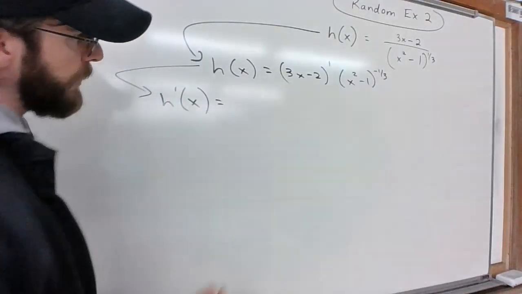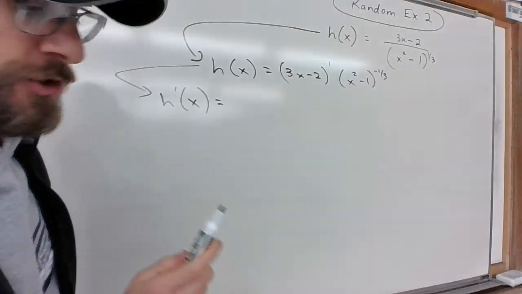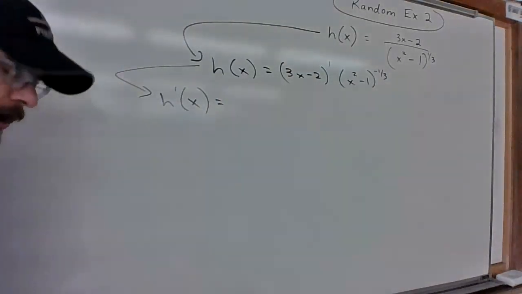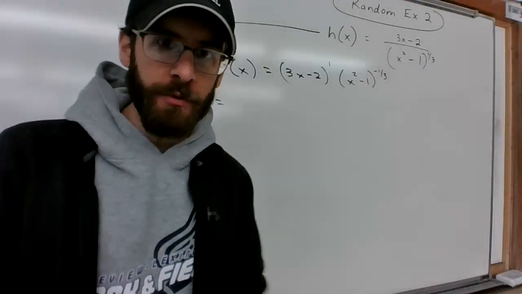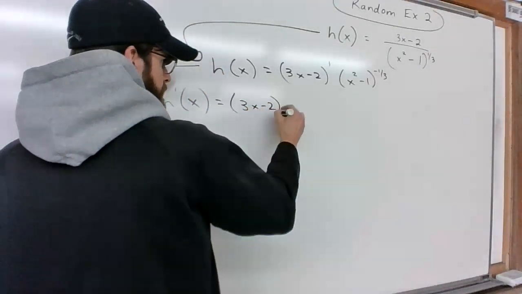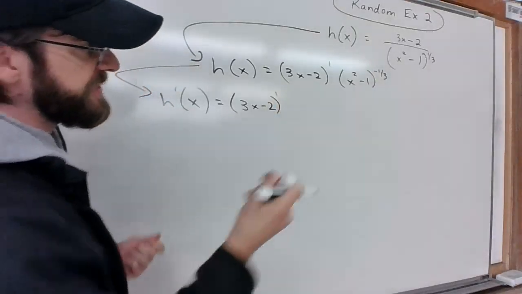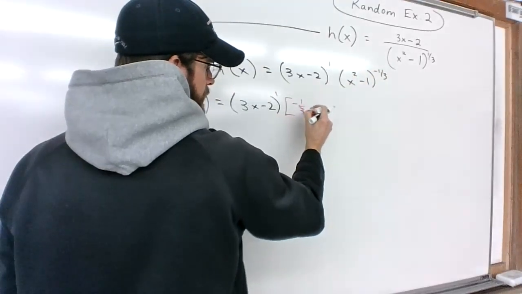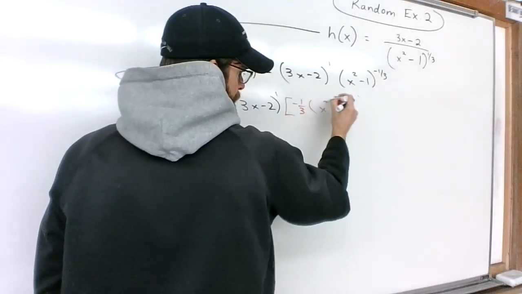All right, so product rule is first times the derivative of the second plus the second times the derivative of the first. I'll do rewrites in black, derivatives in red. So first times the derivative of the second, that's going to be negative 1/3. Rewrite the middle.